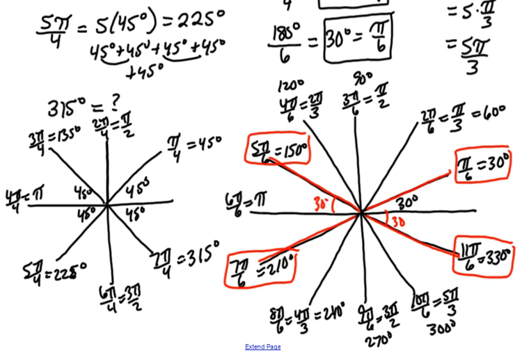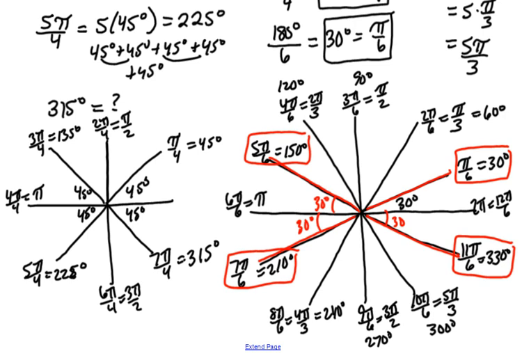Notice they are all fractions of 6. This is pi over 6 less than pi. This is pi over 6 more than pi. If we go all the way around to 2 pi, probably ought to write that one in, 2 pi is 12 pi over 6. So 11 pi over 6 is just 1 less than that.